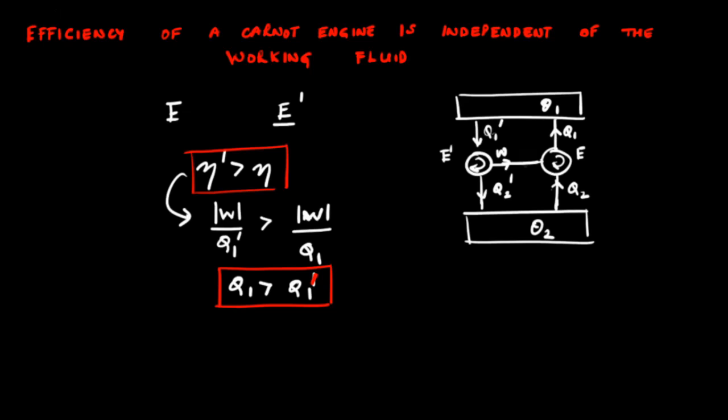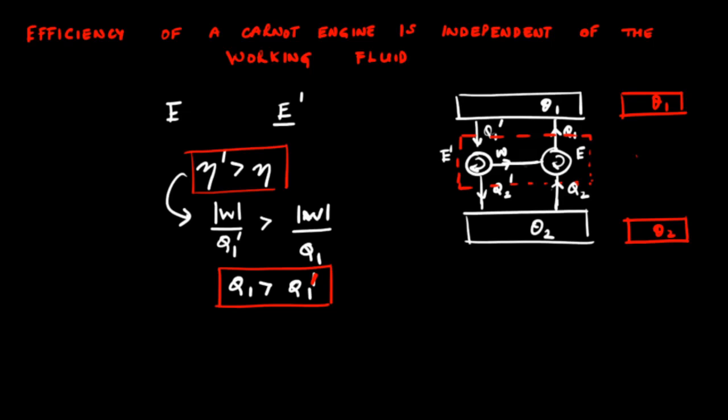Now, if you consider this combined system of both of these engines, that is engine E prime and this engine E that is operating as a refrigerator based on a Carnot cycle running in the opposite direction, then the net effect is that you have this high temperature reservoir θ1 and the low temperature reservoir θ2.